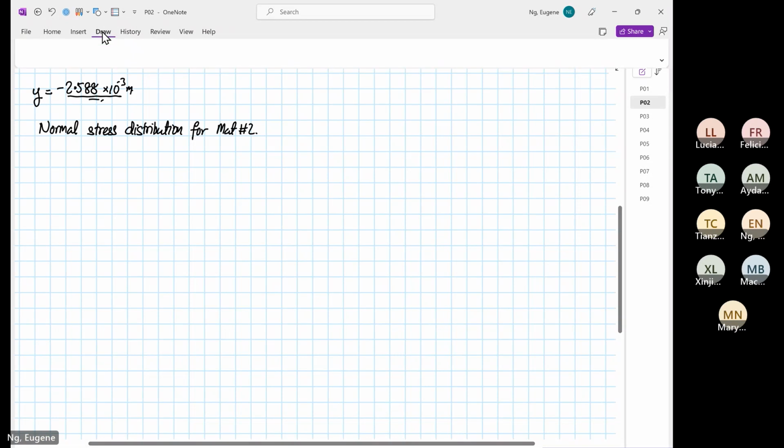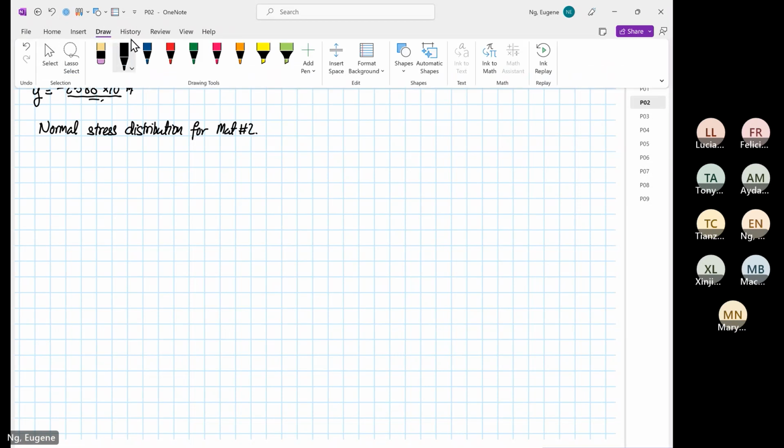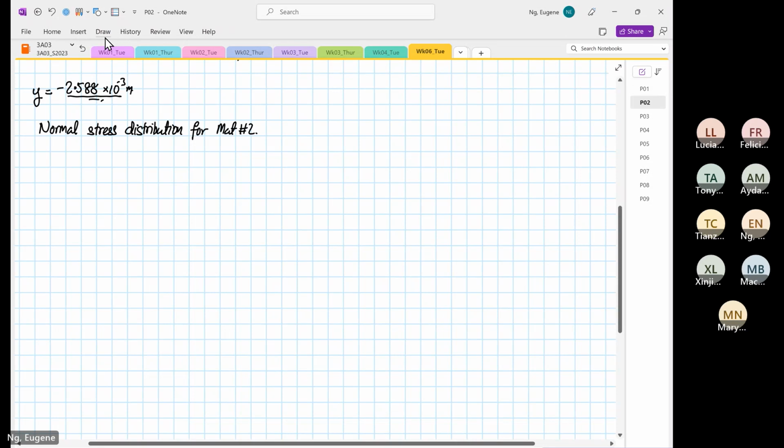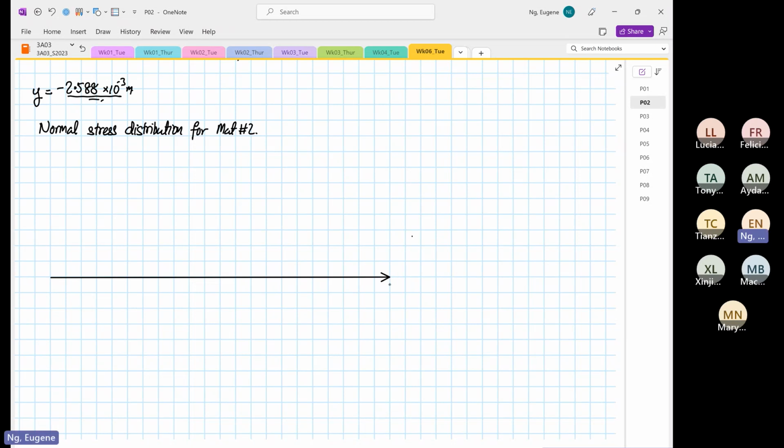And so we are going to have our x-axis. So this is our stress, sigma x.